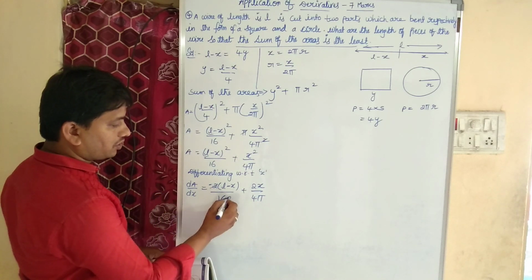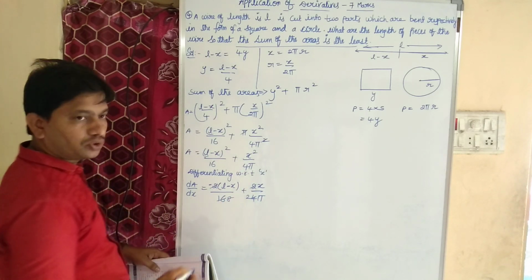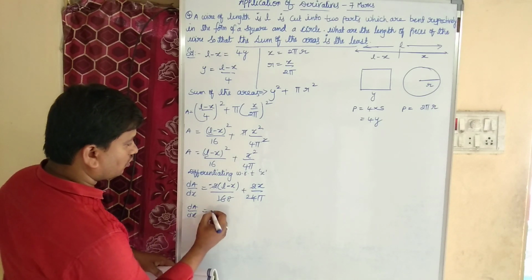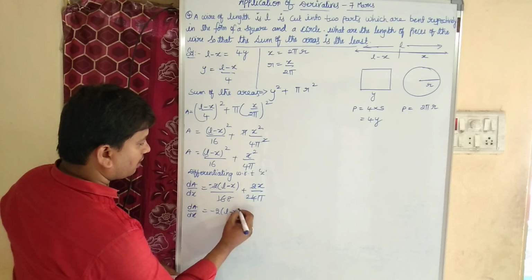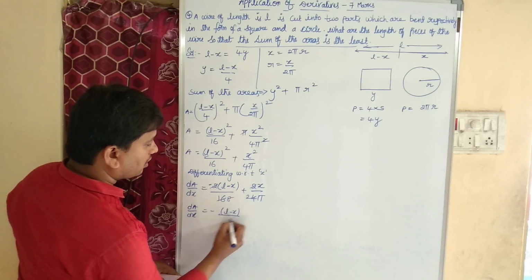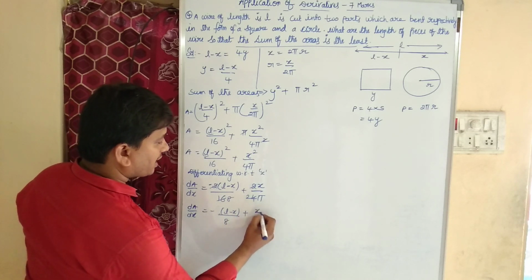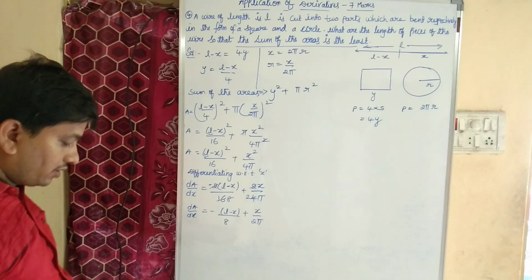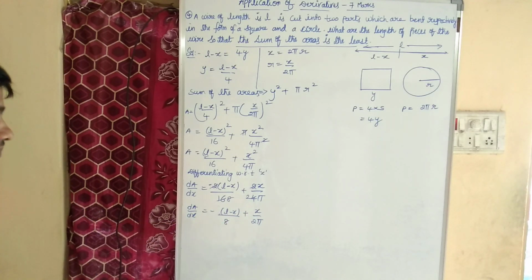So 2 cancels with 2 and 8, so dA by dx equal to minus of L minus x by 8 plus x by 2 pi, right?